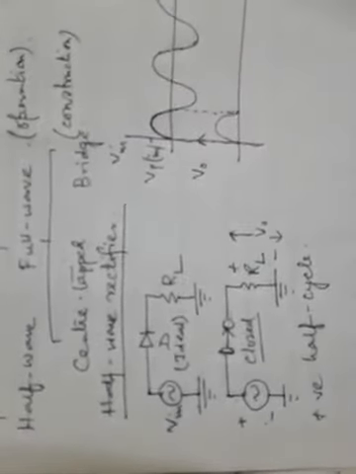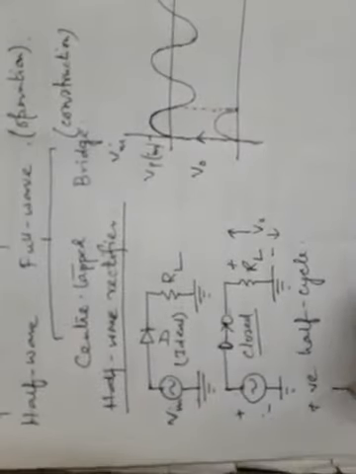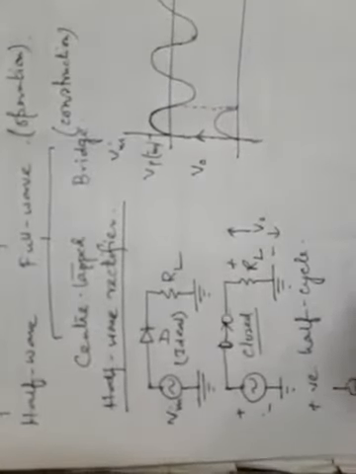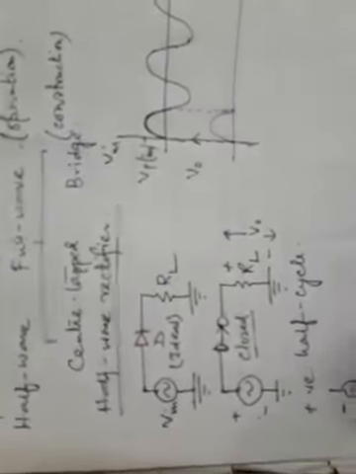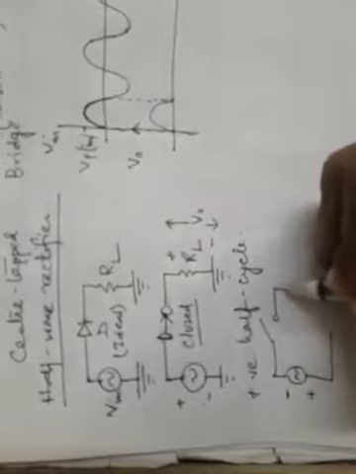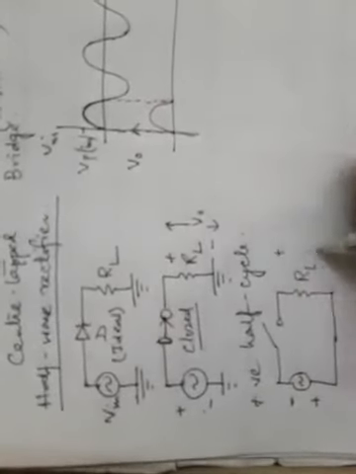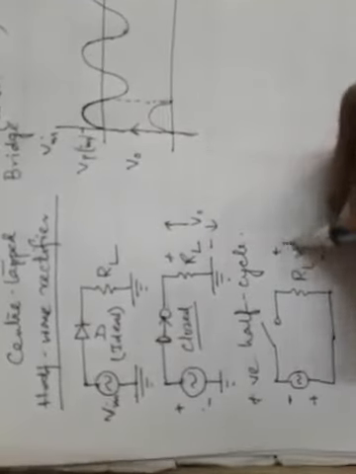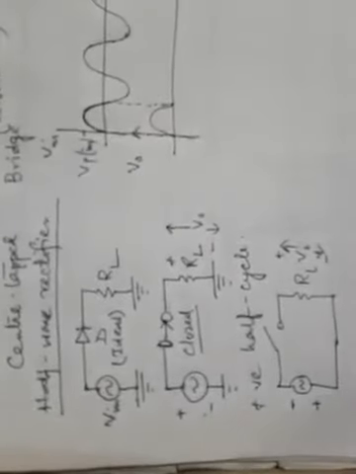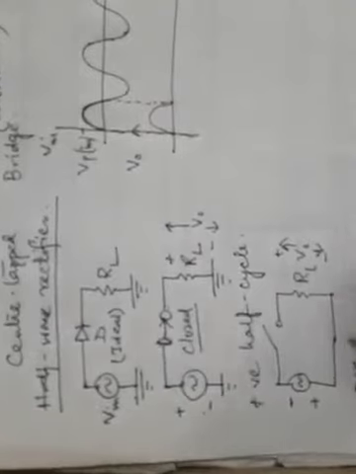Now during the negative half cycle, that means this side is minus and this side is plus. During the negative half cycle of the input AC signal, RL, VO, this is the negative half cycle.